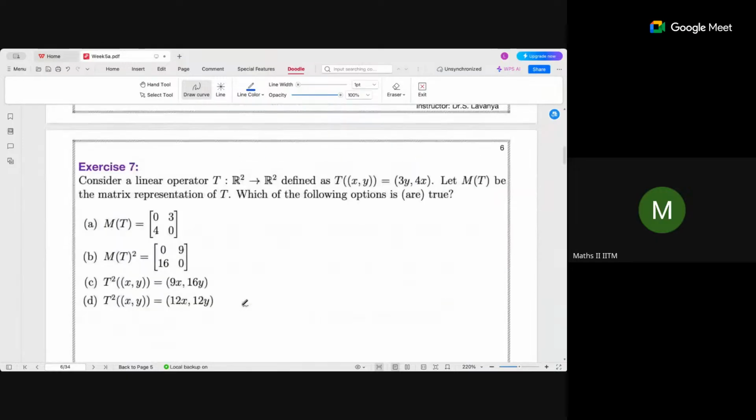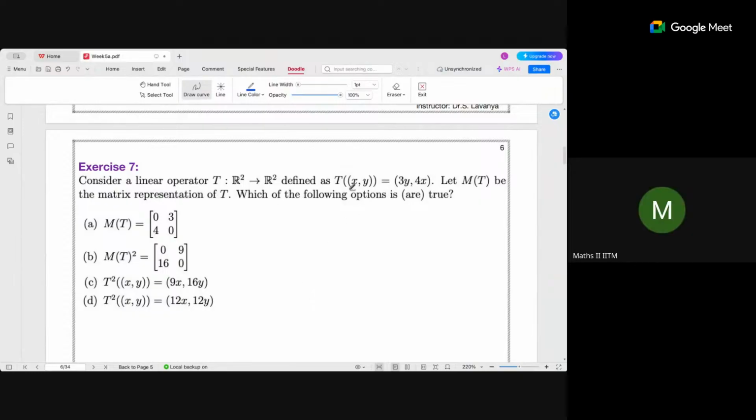Okay. So now with this, can you figure out the answer for this? A is correct. Okay.